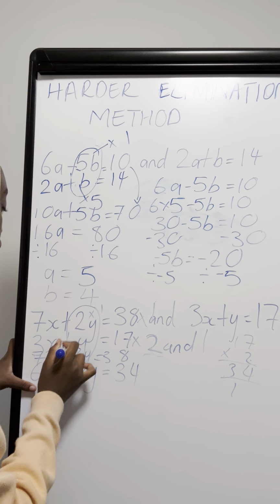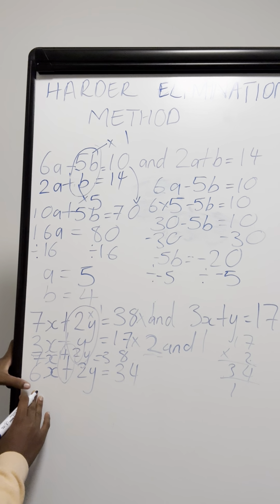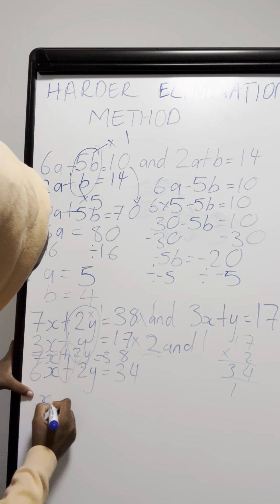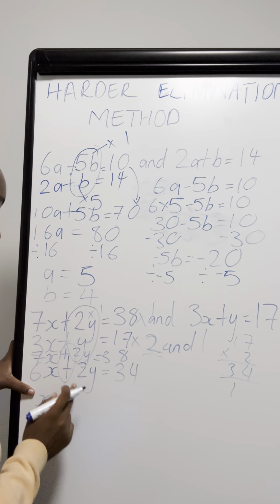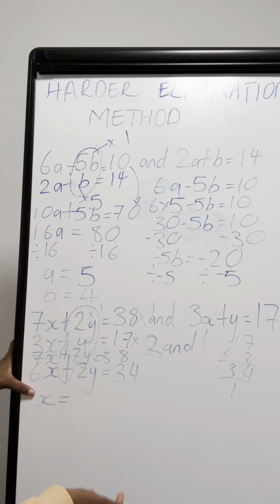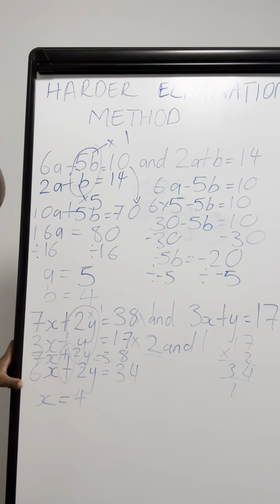If our coefficients are the same, this means we are subtracting. So 7 minus 6 equals x. x equals 38 minus 34, because 2y minus 2y equals 0, and then 38 minus 34 equals 4. So this means x is 4.